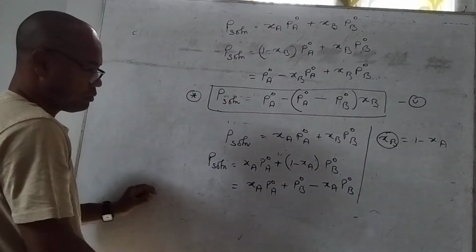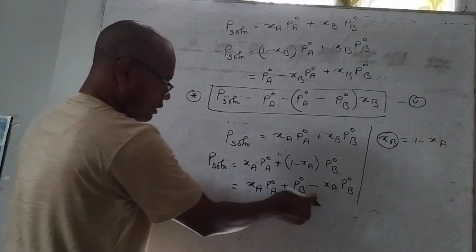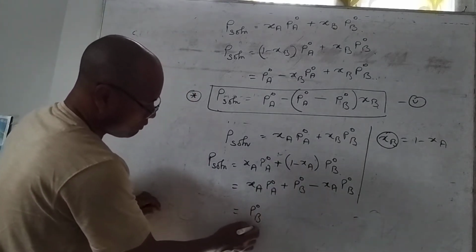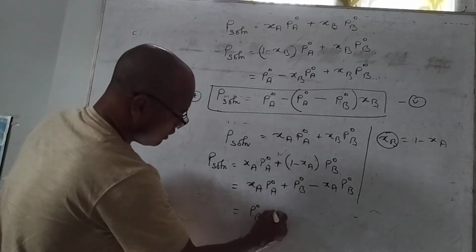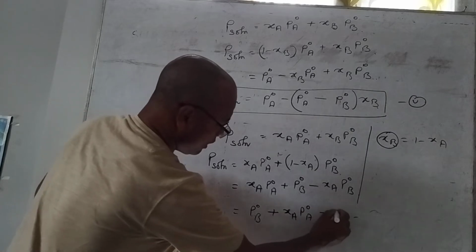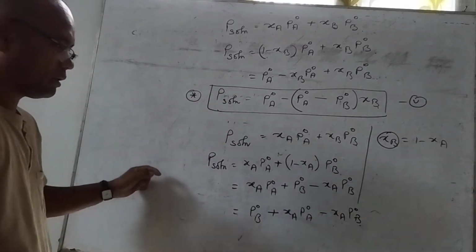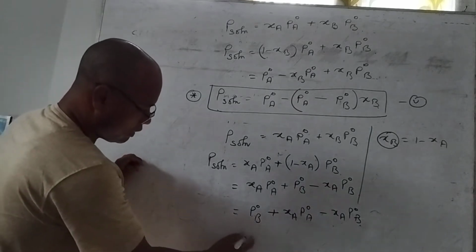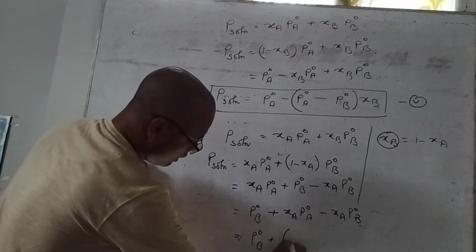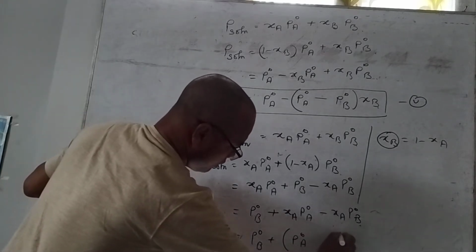Now which one is the common factor here? XA is the common factor. I write P naught B first, then change the position: P naught B plus XA P naught A minus XA P naught B. Taking out the common factor XA, I write P naught B plus XA times (P naught A minus P naught B).